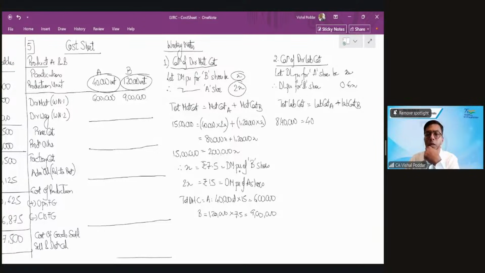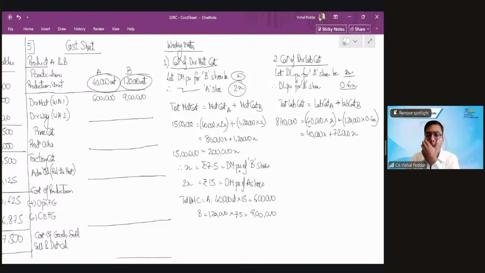Now, A is 40,000 units into per unit. B is 1,20,000 units into 0.6. 40,000 x, 12 6 are 72, so 72,000 x.